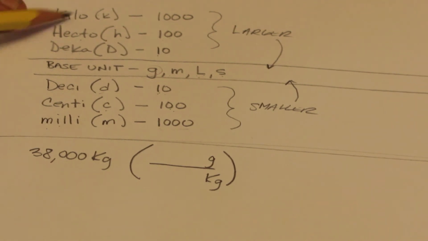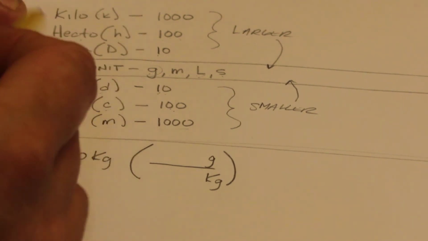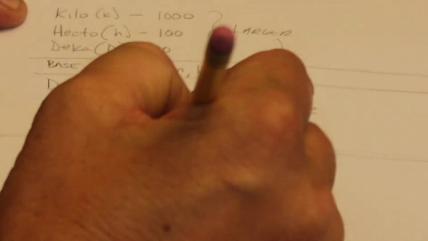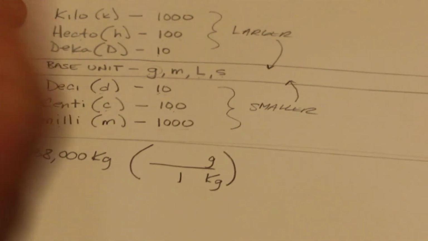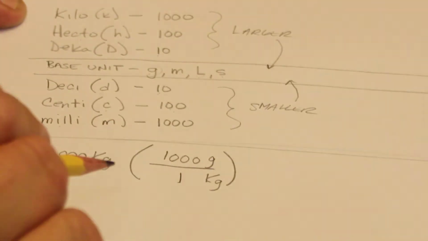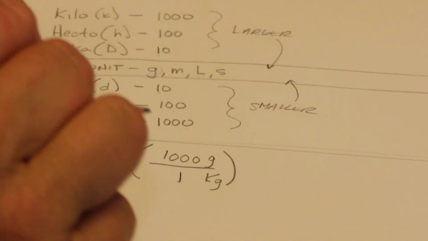I have kilograms up here and just plain grams here. So because kilo is higher, I'm going to represent that with a 1. And then the other number that you put in the parentheses comes from whatever prefix is being used. So I'm using kilo, which is worth 1,000. And now this is saying a fact, which is that there are 1,000 grams in a kilogram.